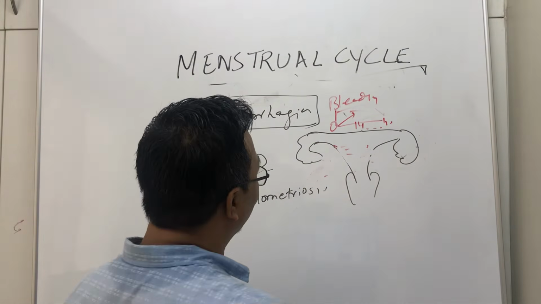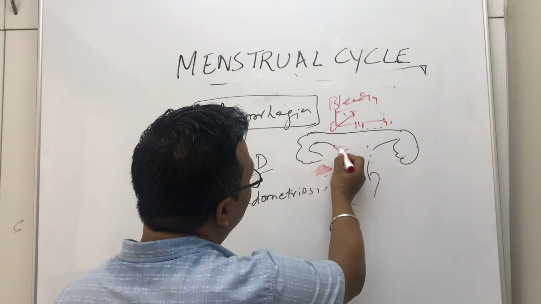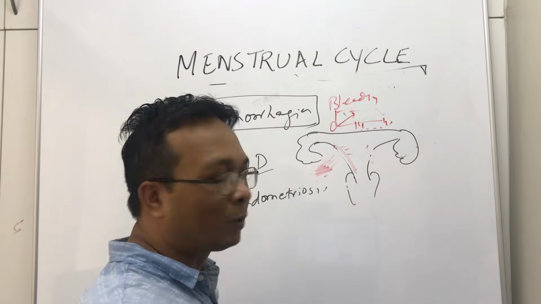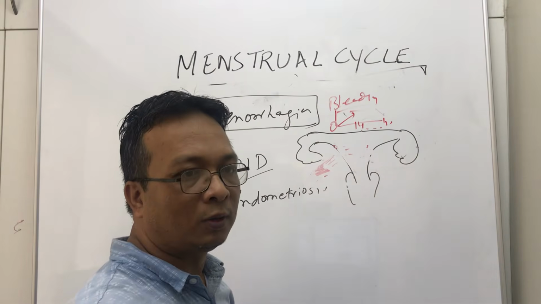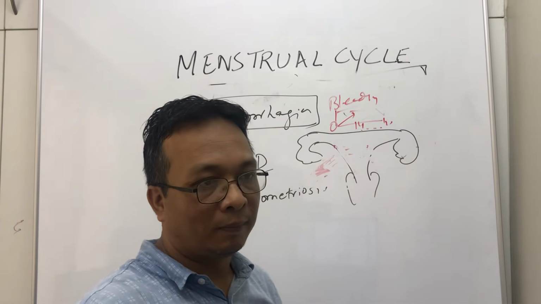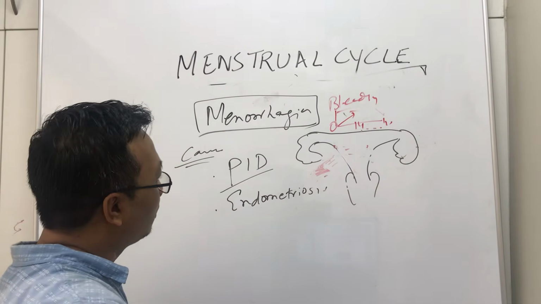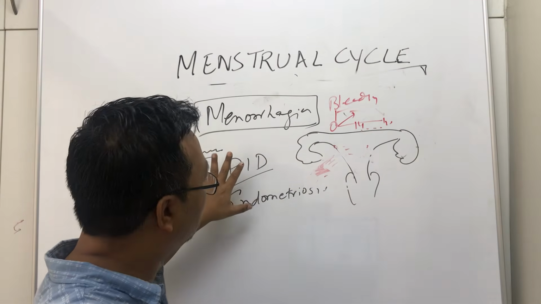With every month, not only this endometrium will proliferate, the ectopic tissue will also proliferate, and at the end of the 28 days, it will also bleed. So overall there is heavy bleeding. So endometriosis is one of the causes of menorrhagia, and it is very commonly found in young people.